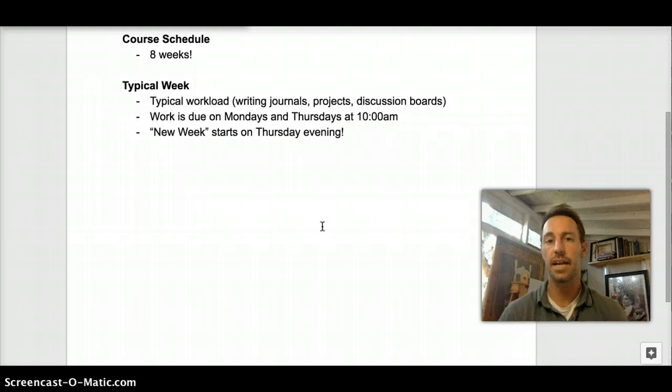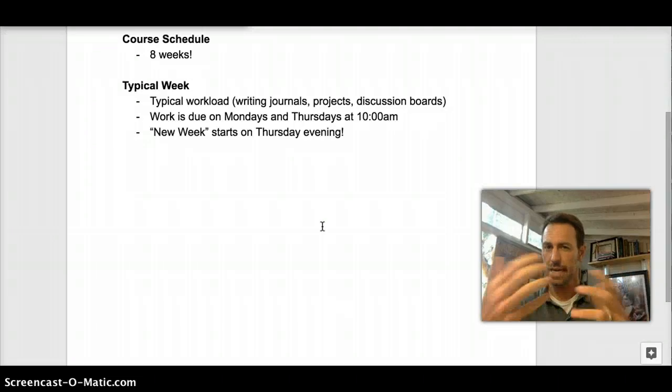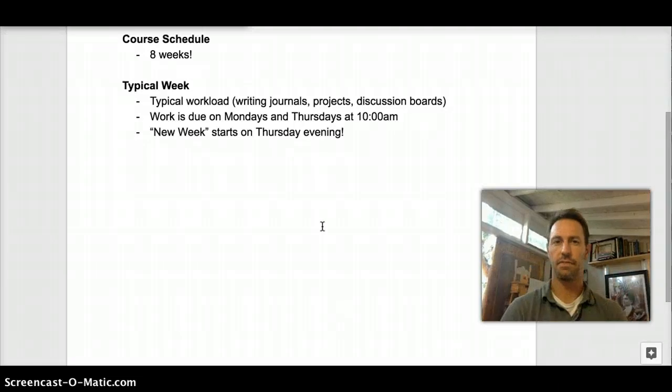So you can take a look at the next week's materials, and you have Friday, and then maybe Saturday, Sunday, to get the work done for the following Monday. And then you have Monday, Tuesday, Wednesday to get the work done for Thursday. It may take a little getting used to for the first week or so, but we do have a schedule that's in place. You have 2 due dates for each week, and everything is organized on Canvas.